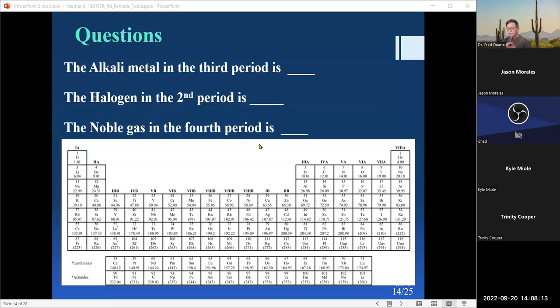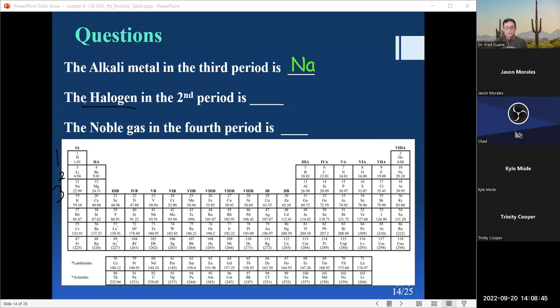Okay, so with that information, you could be asked questions like, what is an alkali metal in the third period? We have to find the alkali metal, find the third period, 1, 2, and 3. And the alkali metal is the first column, right? So that would be sodium. The alternative name for group 1A is the alkali metal. Okay.